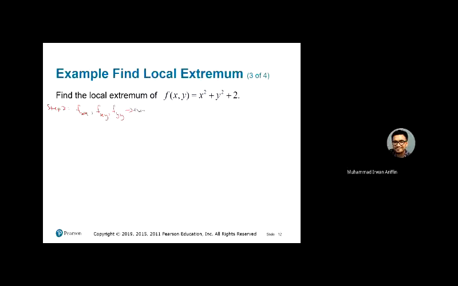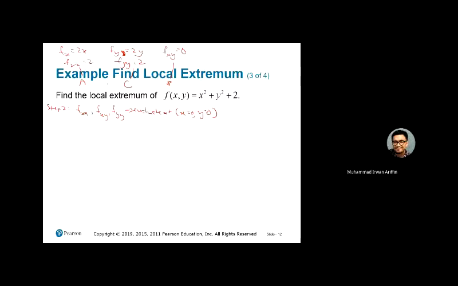Then evaluate at x equals 0, y equals 0, the critical point. f sub x previously was given as 2x, so f sub xx equals 2. f sub y equals 2y, so f sub yy equals 2, and f sub xy, there is no y here, equals 0. And from the previous example, this would be A, this would be C, and this would be B.